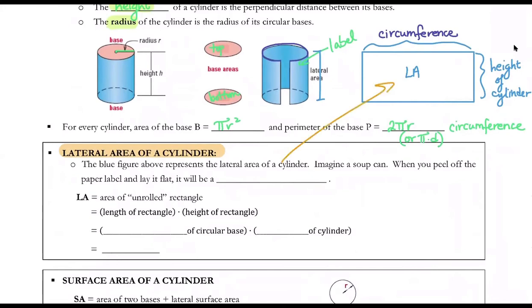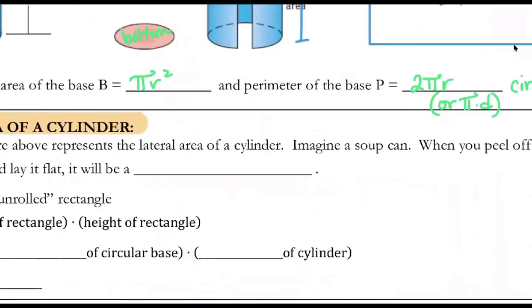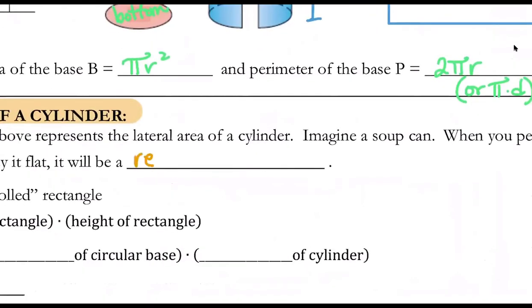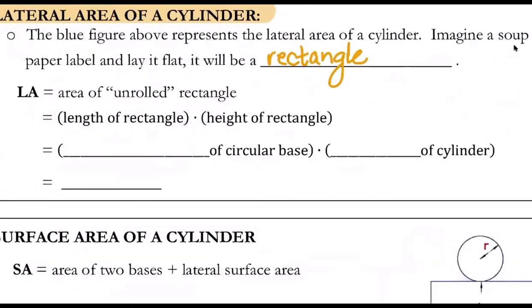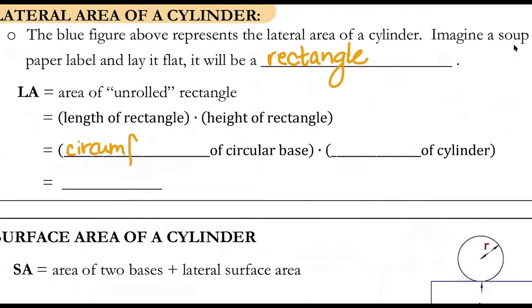When you unroll it, you'll get the rectangle, and the dimensions of the rectangle would be the length of the rectangle times the height of the rectangle, which is the circumference of the circular base, and then the height of the cylinder. Okay, so the circumference is just 2 pi r, and then you're multiplying by the height. So it's 2 pi r h. 2 pi r h is the lateral area.